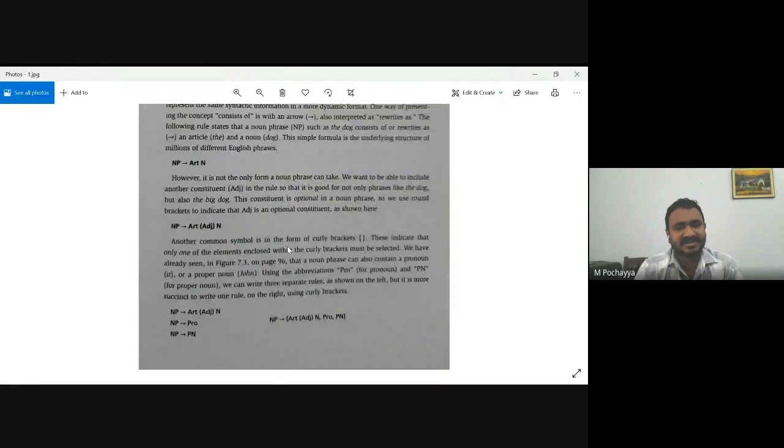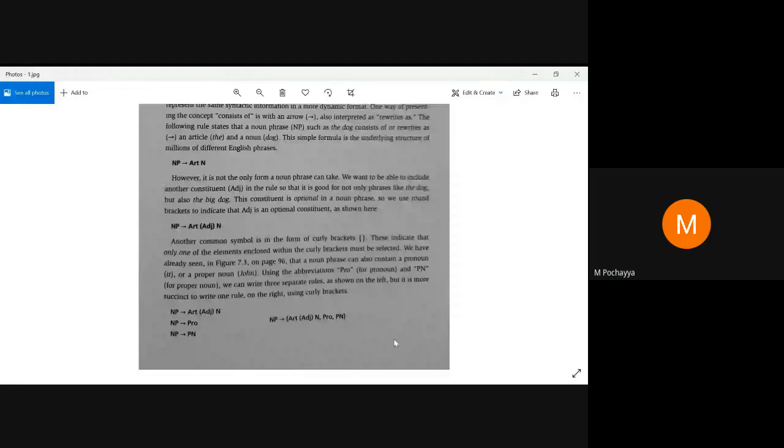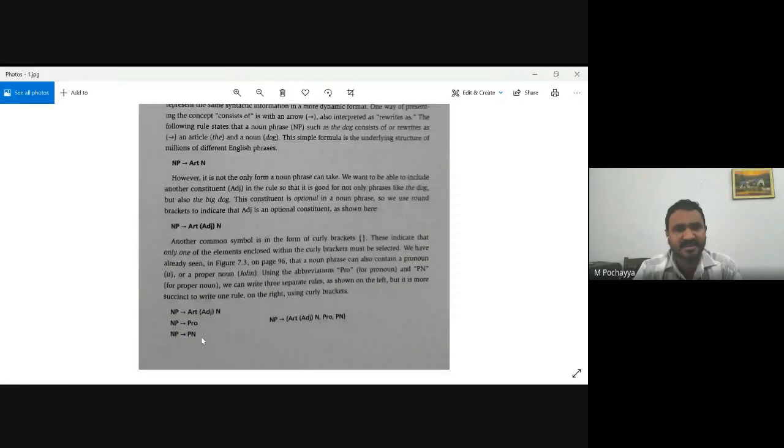The scholars, or the linguists, generalized some rules. In the place of noun phrase, we may have a proper noun, PN, here PN means proper noun. That is John.